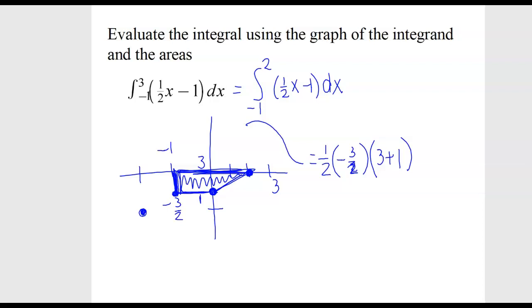Then you're going to find the area from 2 to 3. So this area will become a triangle.